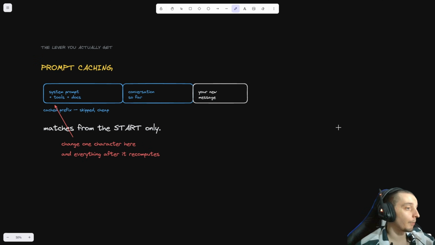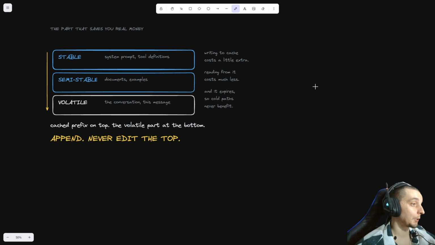So there is a version of this that you can actually control, and I bet you've heard this a lot: prompt caching. The provider keeps the computed cache for the front of your prompt so that it doesn't redo all that work every time, but it matches from the start only, which means if you change one character near the top of your prompt, it recomputes the whole thing. In practical terms, how do you order your prompt around this idea?